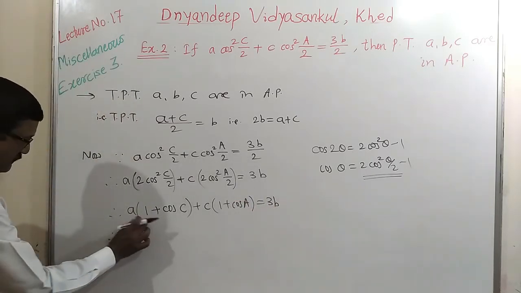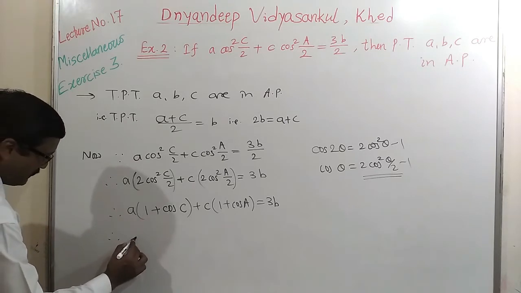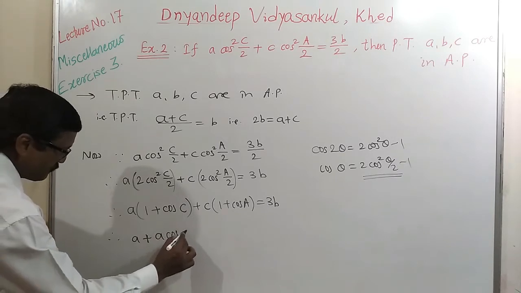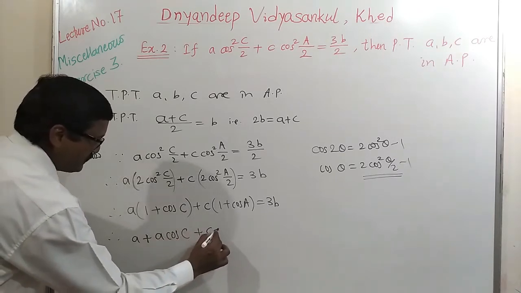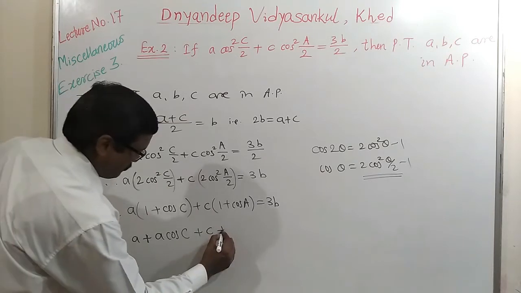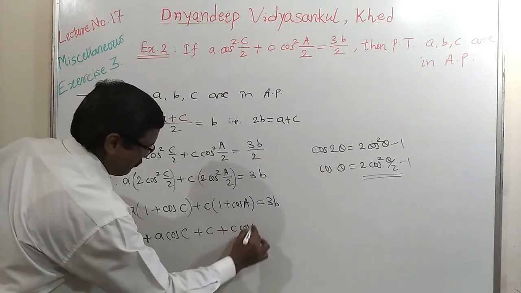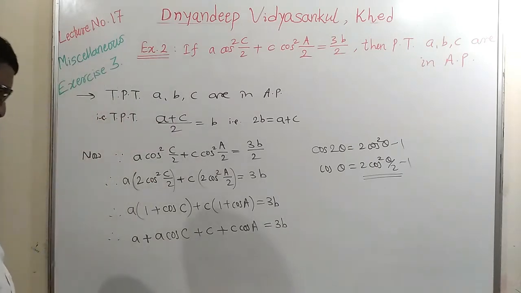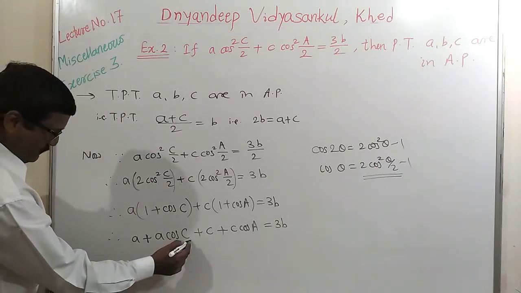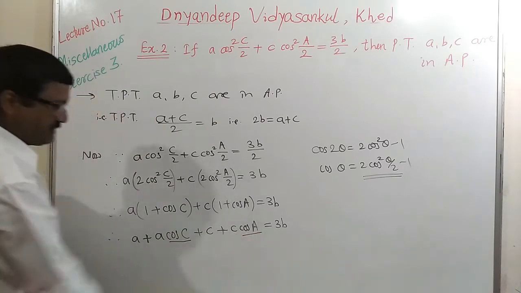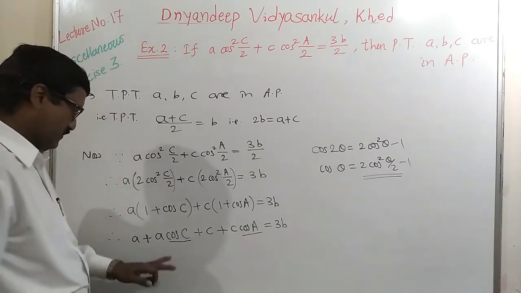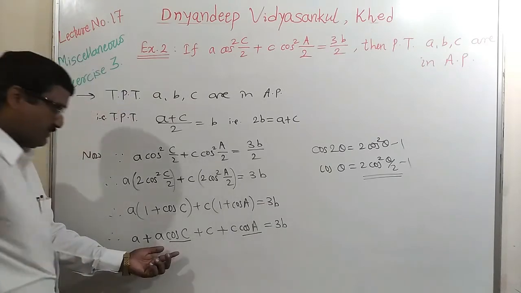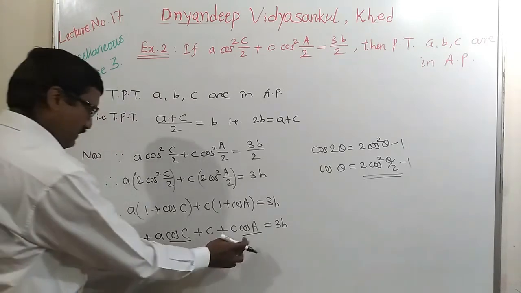Therefore, multiplying, we get a plus a cos C plus c plus c cos A is equal to 3b. At this stage, we can use the cosine rule two times for cos A and cos C, or if we connect these two terms, then by using the projection rule, we get directly b.